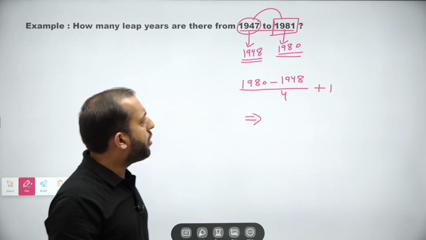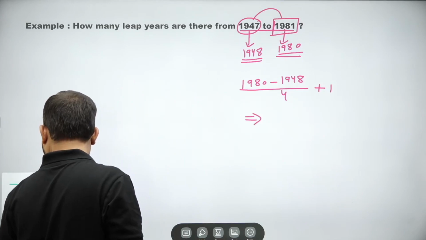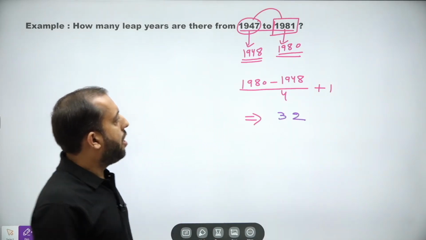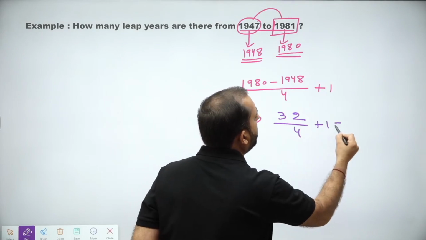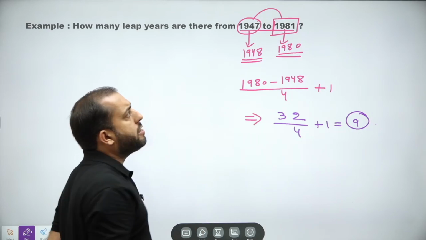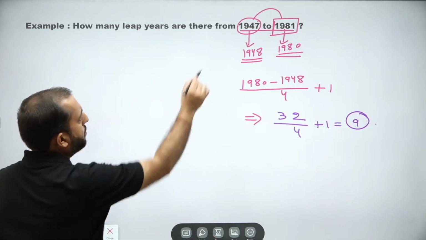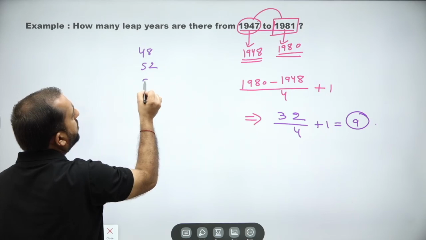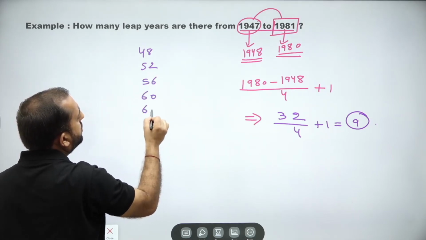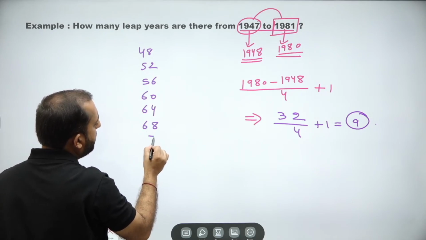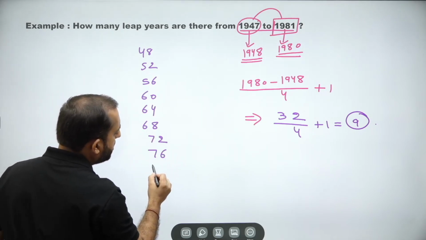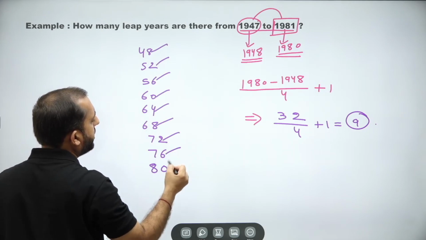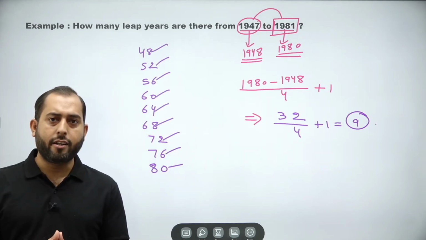So 80 minus 48, I think it is 32, by 4 plus 1. Answer is 9. How many leap years are there in this range? 9 leap years. We can calculate it manually: 1948, 1952, 1956, 60, 64, 68, 72, 76, 80. So count it: 1, 2, 3, 4, 5, 6, 7, 8, 9. I hope guys this is clear. Thank you.